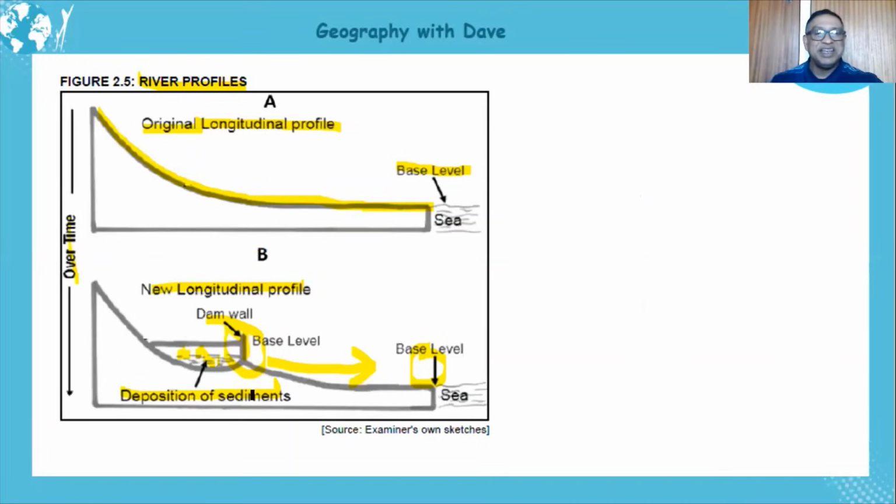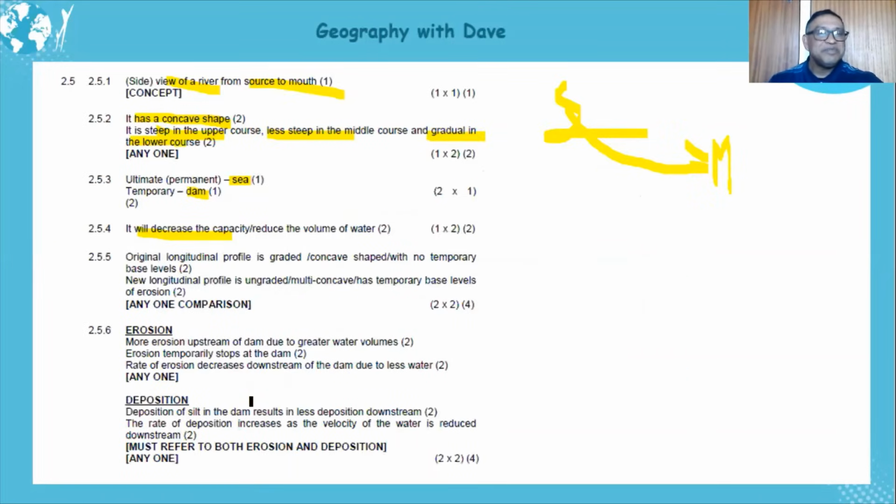The original profile is graded. It's concave in shape with no temporary base levels. The new longitudinal profile is ungraded and has temporary base levels. Easy, easy, learners. 4 marks.